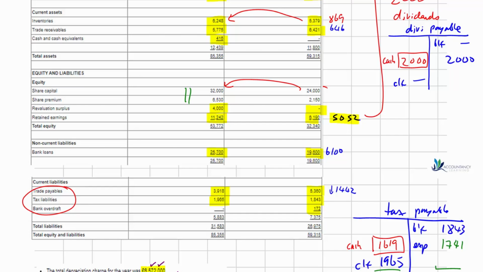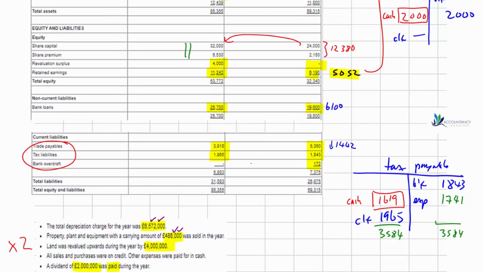Collectively, between those four numbers, we can see there's an increase of 12,380. So that must be how much money we've raised by selling shares. If there was a bonus issue, it would have to be in the information that appears below the tables, and we'd have to reduce that figure by whatever the bonus issue was.